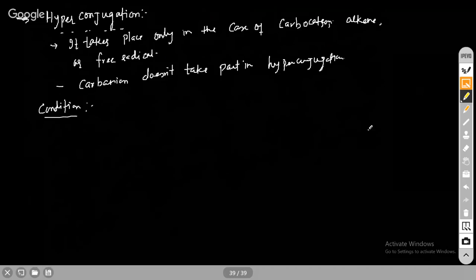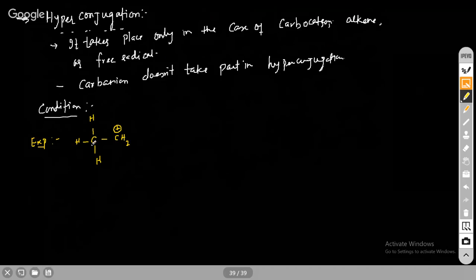Now you see what hyperconjugation is. Suppose I write down this example, carbon has 3 hydrogens here, and this is connected with a carbocation, CH2 positive charge. Condition you must read.